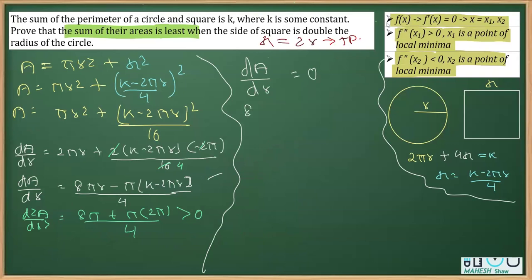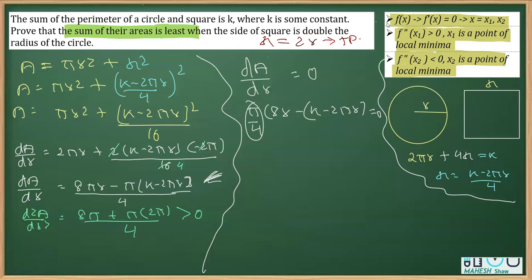So this is 8 pi r minus, I can take pi common here, that will make it easier. If I take pi as common, and the 4 in the denominator is also there from here, we'll get 8r minus k, and let's keep the minus 2 pi r only, which should be equated with 0.